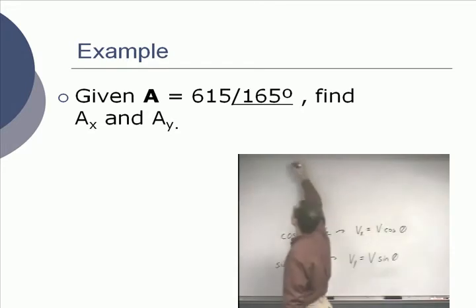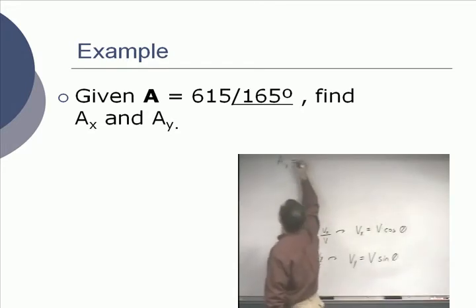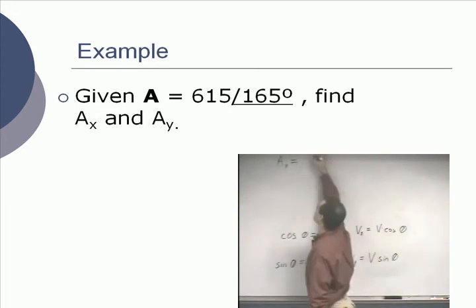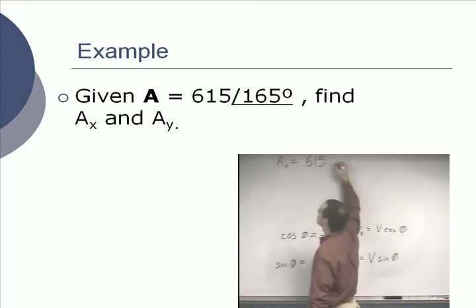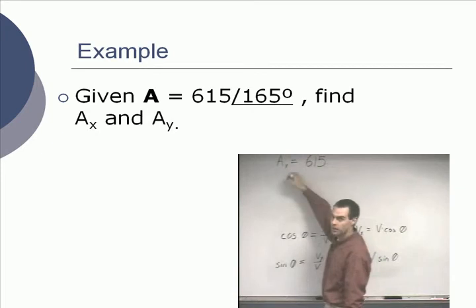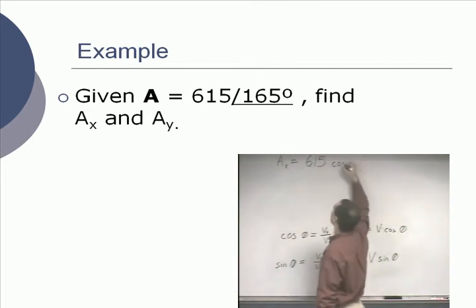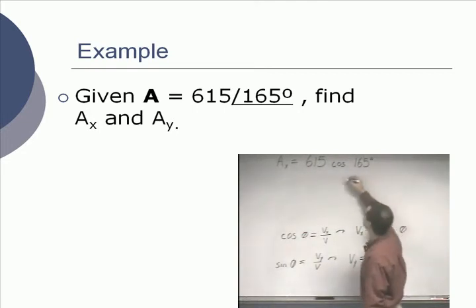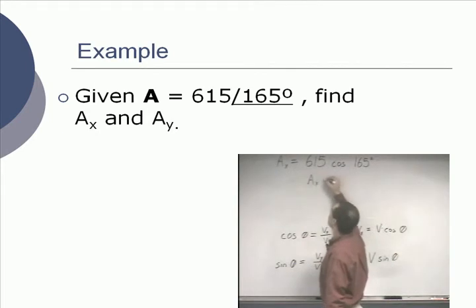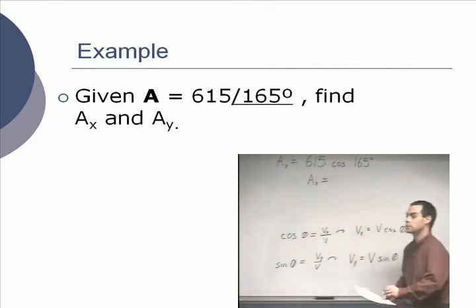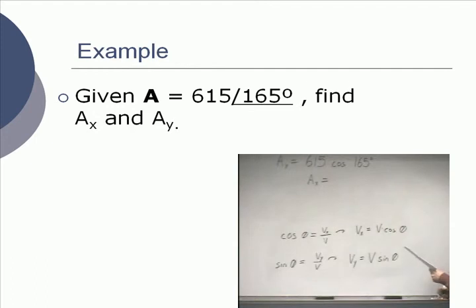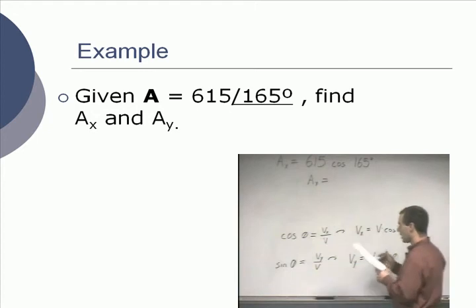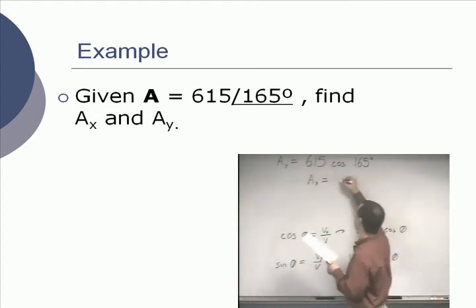If we want to find the x component of A, we just take the magnitude of A, which is 615, times the cosine of 165 degrees. And so our x component to that vector turns out to be negative 594.